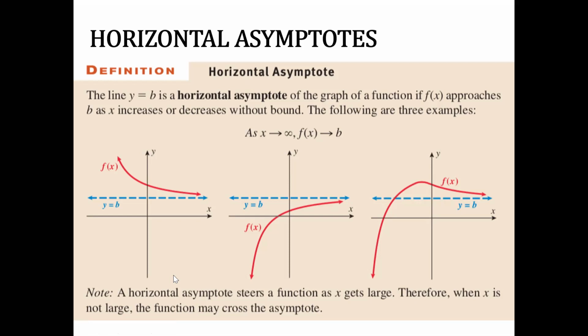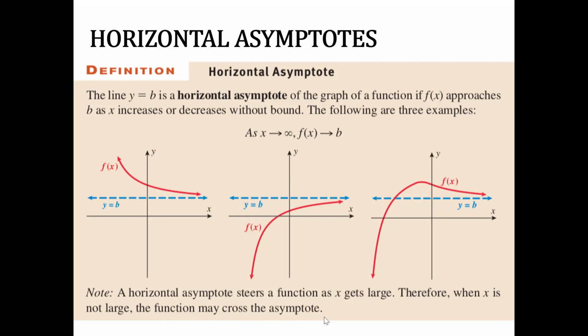Okay, so you have here y equals b. As x approaches positive infinity, observe that a horizontal asymptote steers a function as x gets large. Therefore, when x is not large, the function may cross the asymptote.